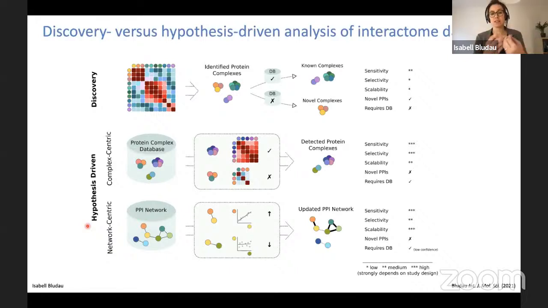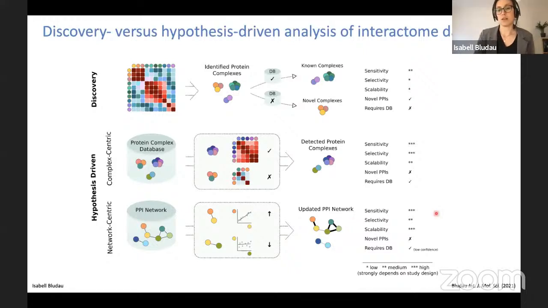Then we can enhance this edge in the network, or if we don't find evidence, we reduce the weight of this edge to get an updated interaction network. This approach has the benefit that it requires less strict and less well-defined prior knowledge than the complex-centric approach. And it is very scalable across a large number of conditions because not all of the interaction partners always need to be identified in all samples.